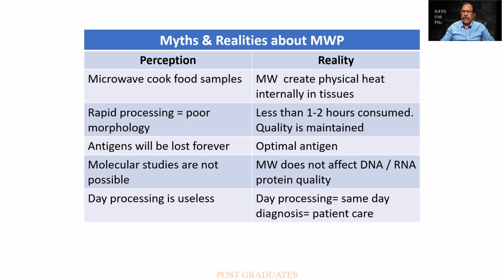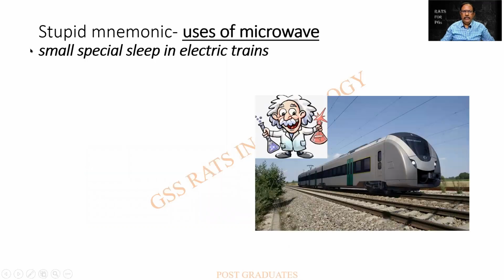Microwave does not affect DNA or RNA protein quality. And the day processing that is done by the microwave is equal to the conventional processing. And you will be able to get the slide and the diagnosis the same day for better patient care. So, regarding the advantages and disadvantages, I would like you people to kindly remember this mnemonic.